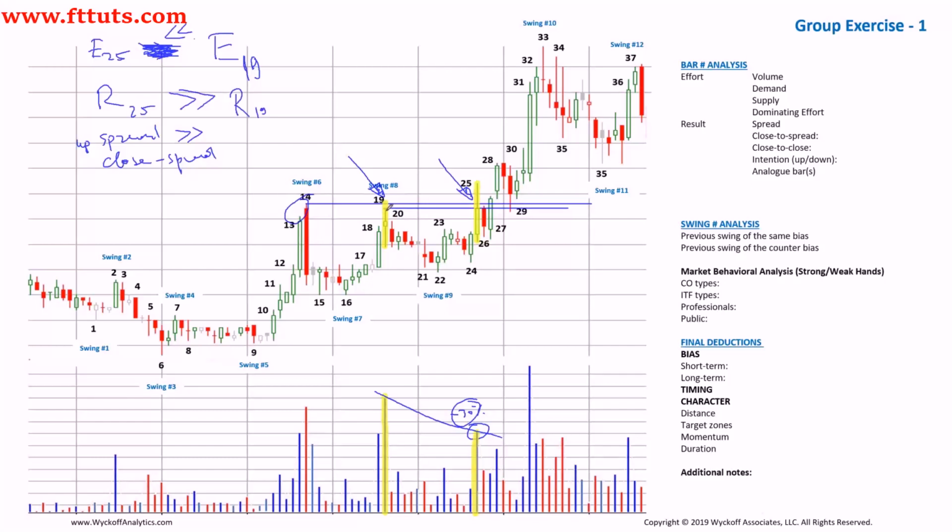So on both bars, we're above one half, I would say. And we're probably the same percentile. So let's just put it as the same. Okay, close to close. Much higher. Yeah, so we are looking at the progression from one close to another. Definitely much better for bar number 25.